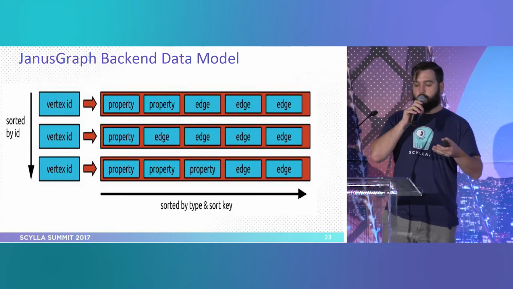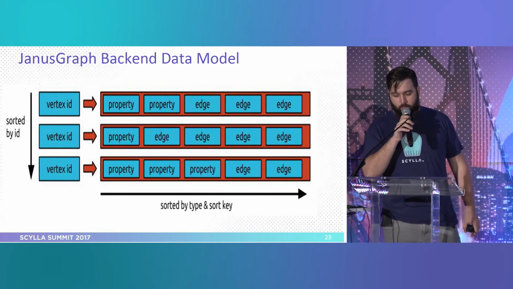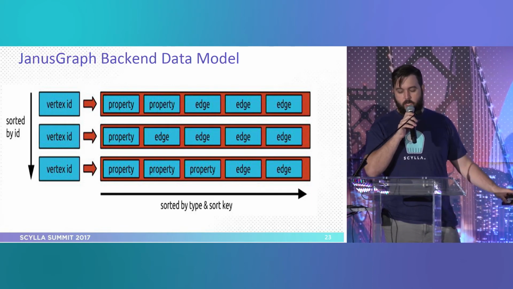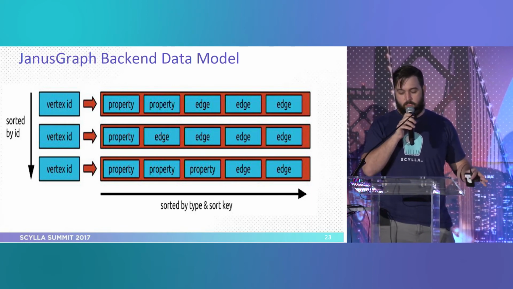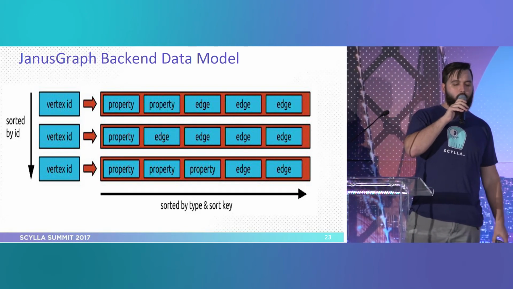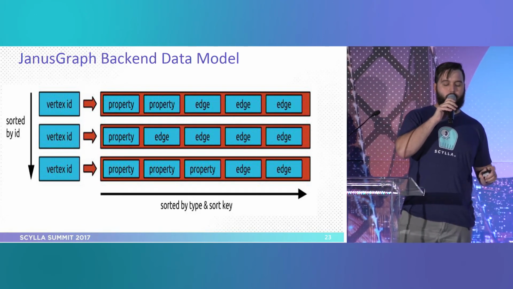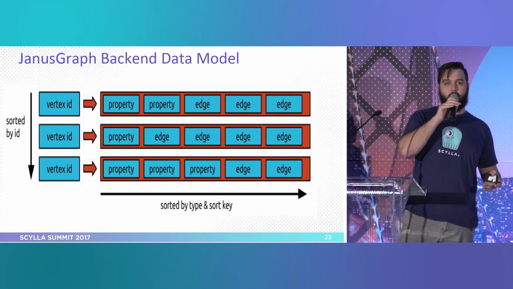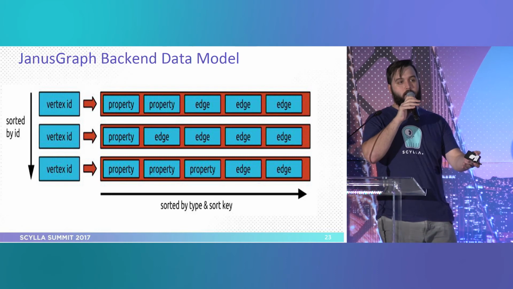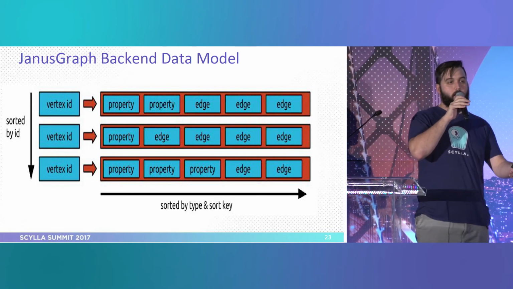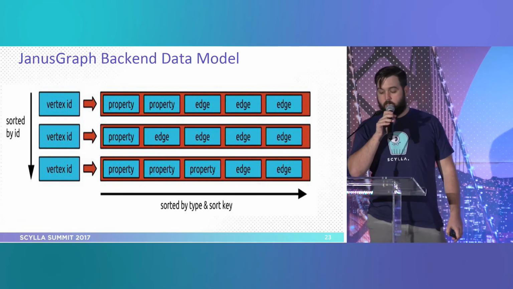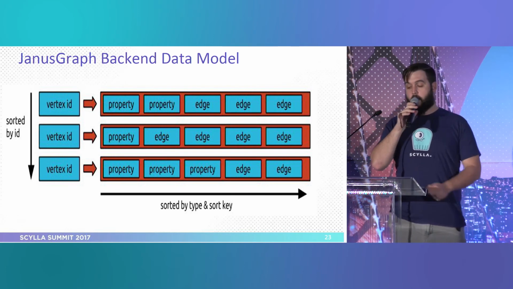They're right there, right next to each other. Each cell in that adjacency list represents a property or edge. And the only other constraint that JanusGraph has on the back end, other than obviously supporting this key column value store, Bigtable-type model, is that these cells must be sorted by column.